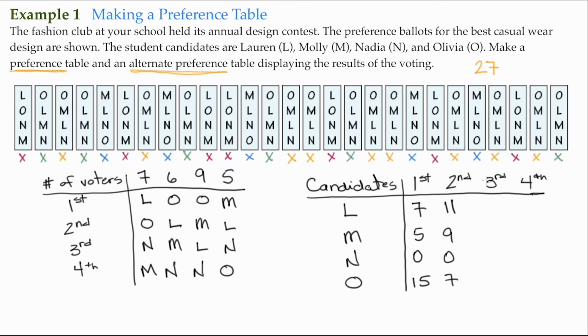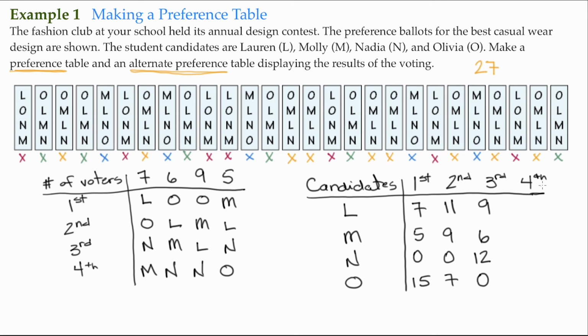Then for the third choice votes, Lauren got 9. Molly got 6. Nadia got 7 and 5. That's 12. And Olivia did not get any.